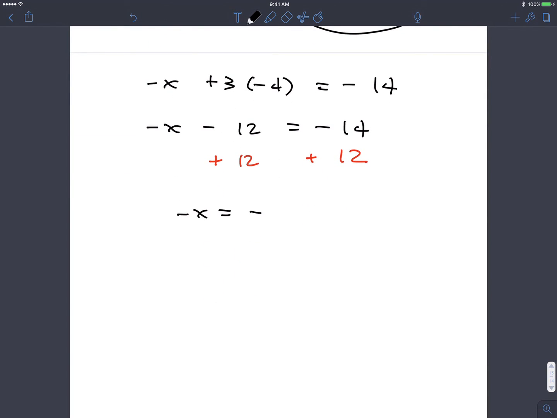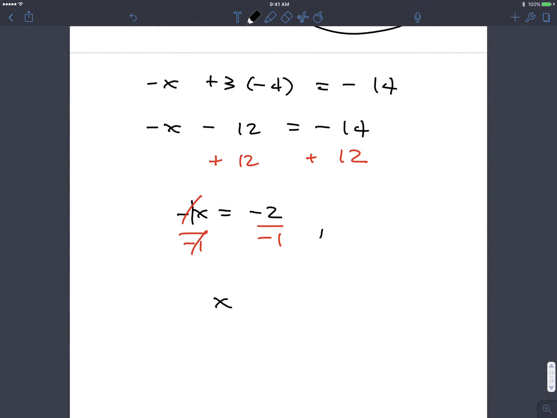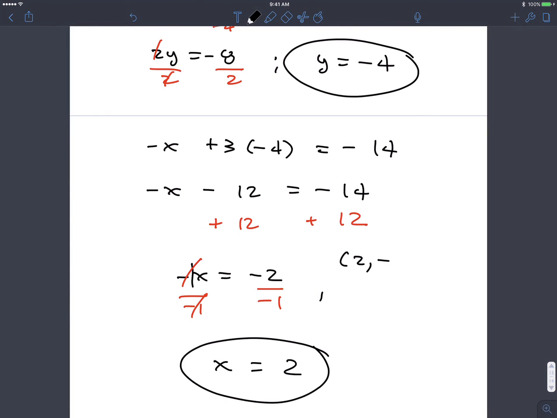Negative x is negative 2. It's negative 1x. Divide both sides by negative 1. So negative 1's cancel. Negative divided by negative is a positive. So we get 2, negative 4 as a solution here.